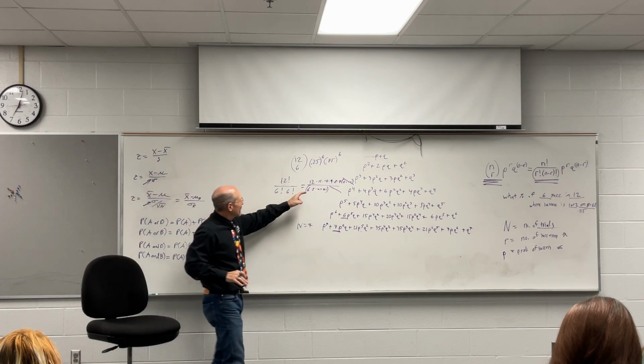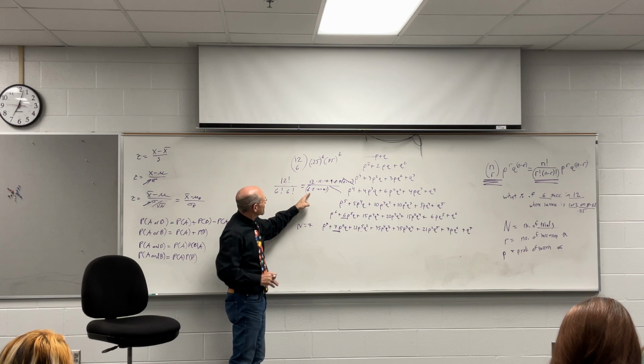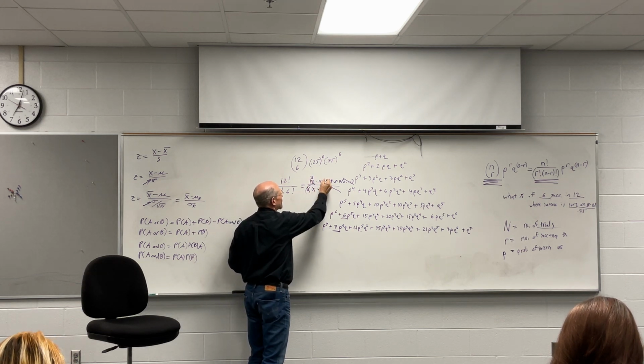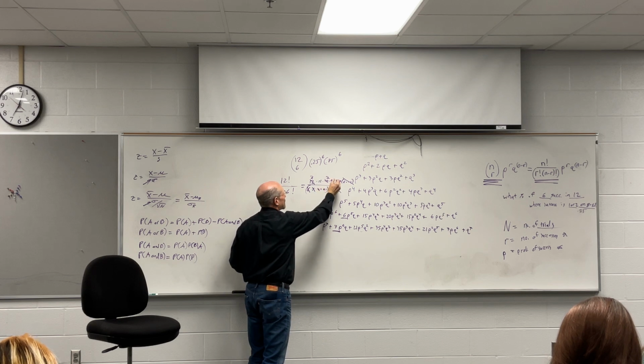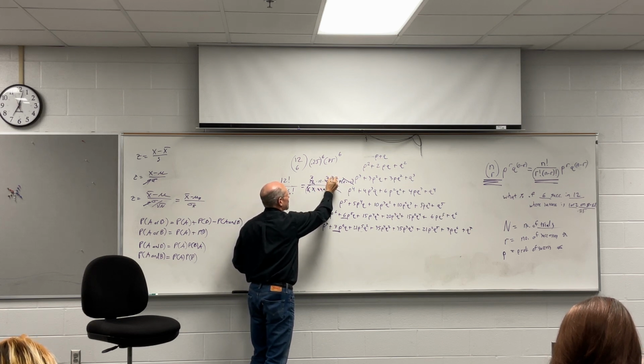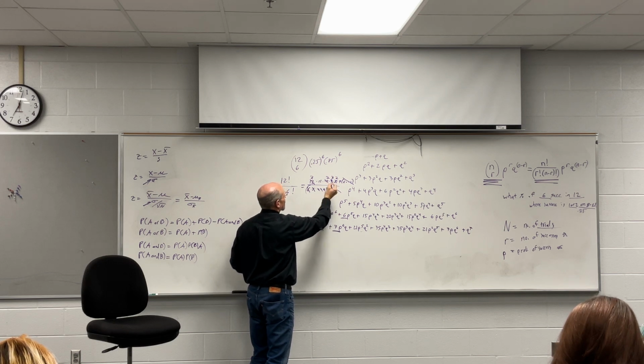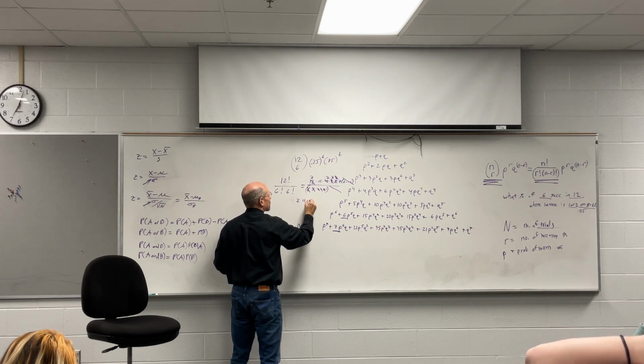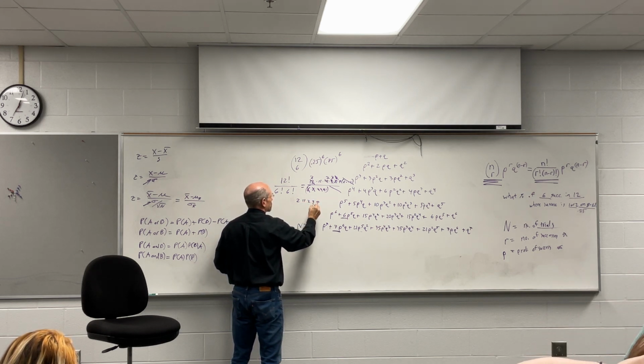Likewise, if I've got a 12 in the numerator and a 6 here, I can get rid of that 6 and make that a 2. And I can get rid of this 5 and make that a 2. And I can get rid of this 4 and make the 8 a 2. And I can get rid of the 3 and make the 9 a 3. And I can get rid of the 2, and let's say I get rid of one of these 2's, which leaves me in the numerator 2 times 11 times 2 times 3 times 7.